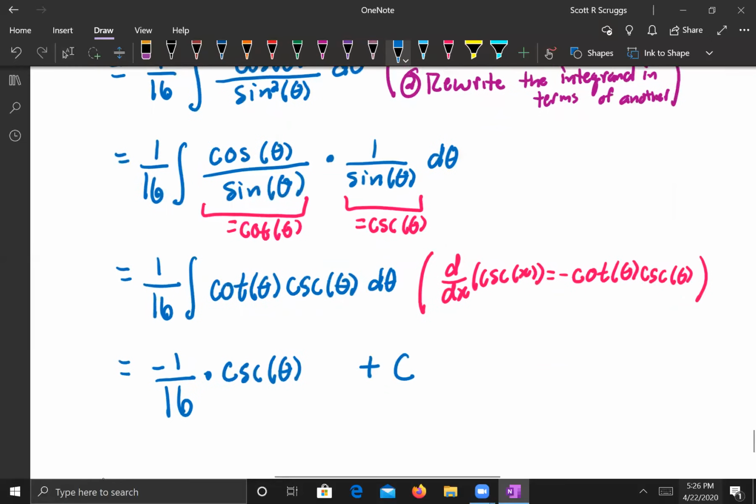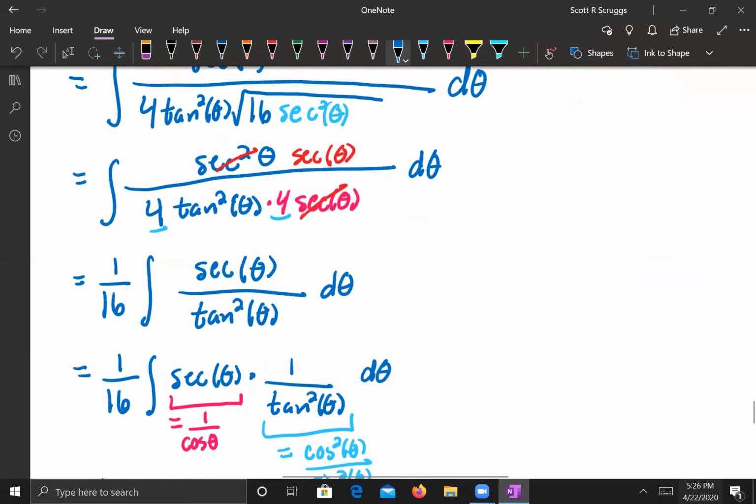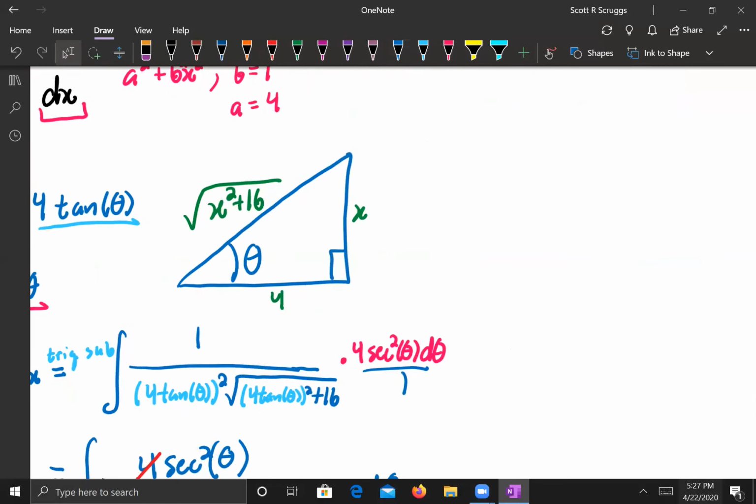But I'm not done yet, because my answer is with respect to theta, and I started off with x. So now I'm going to have to go back to my triangle and convert that cosecant of theta all the way back in terms of x. So here's my legend key.